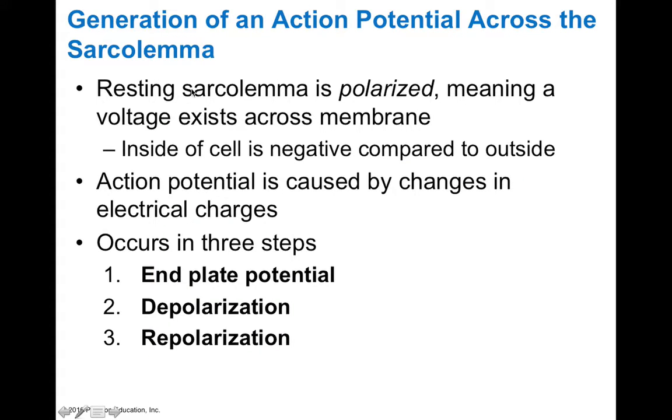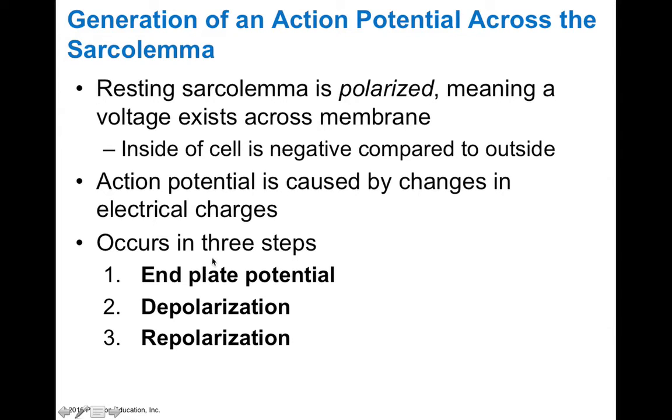Now, what we find then is that in the sarcolemma, there's a separation of charge, or polarization, which means there's a voltage across the membrane. So the inside of the cell is typically more negative with respect to the outside, and the action potential is caused by changes in electrical charge distribution across the sarcolemma.